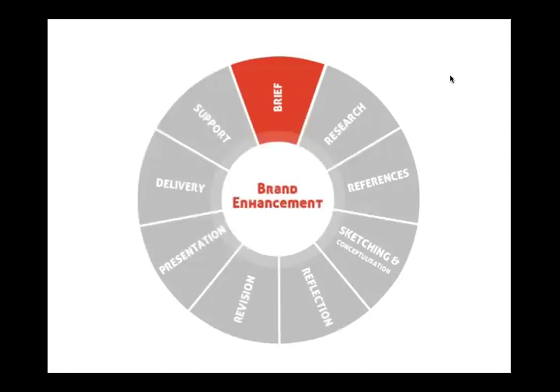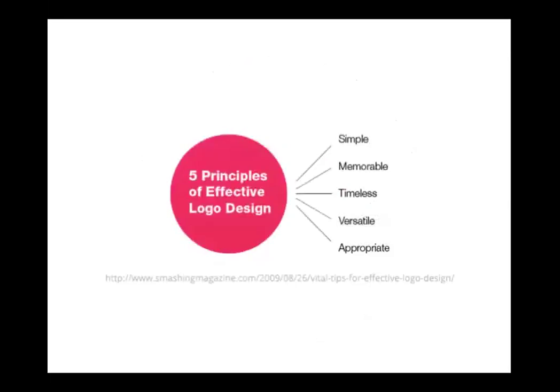So we have the brief, the research, references, sketching. It's pretty similar to what we talked about yesterday with your logo process steps, so this is a nice little circular wheel of those steps. We also talked about the 5 principles of effective logo design: simple, memorable, timeless, versatile, appropriate. This is also in your readings.